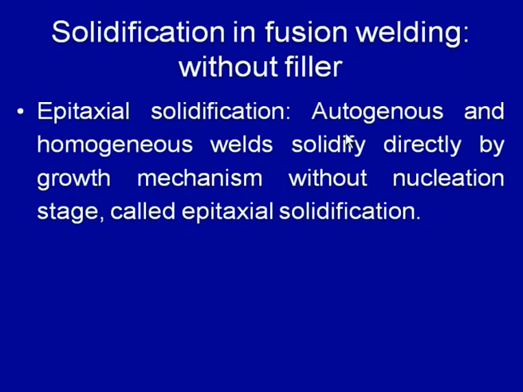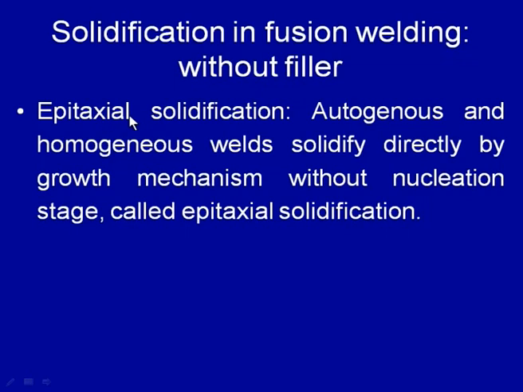In these welding processes, where just the melting of the faying surface is carried out without addition of filler material, solidification normally starts from the faying surfaces or from the fusion boundary without any nucleation stage. The partially melted grains of the base material start to grow directly and produce a weld joint. So, here primarily it involves the growth mechanism without nucleation stage, which is called epitaxial solidification.